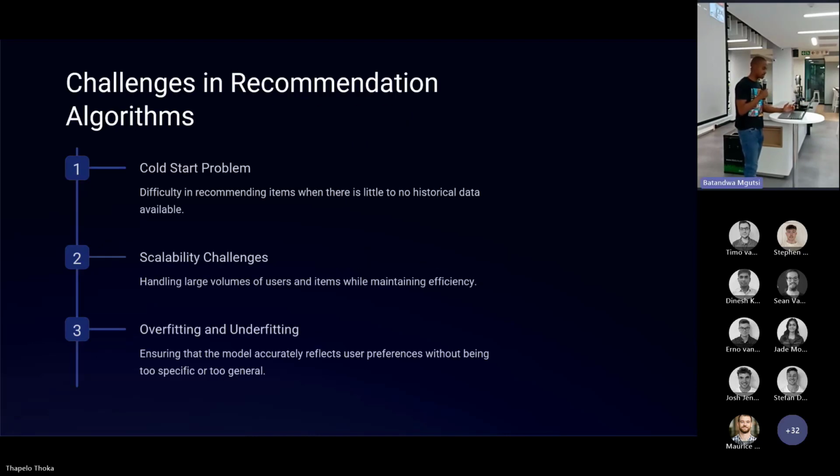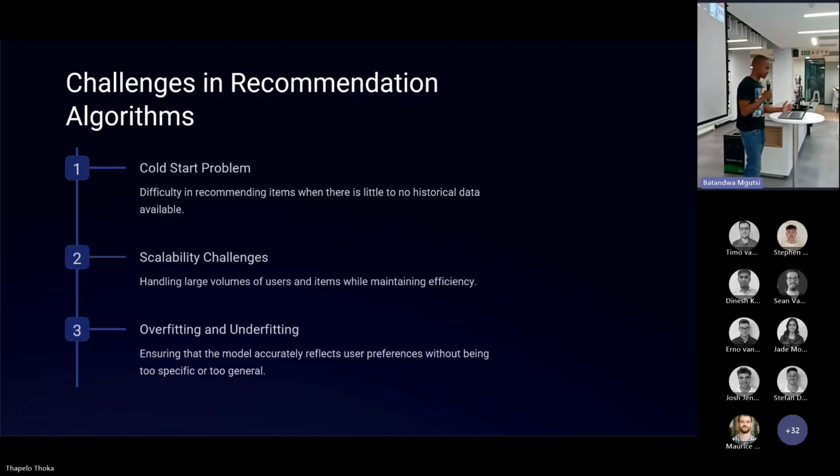These are some of the challenges associated with recommendation algorithms. The cold start problem. This happens due to not having historical data available about users. One approach to fixing this is setting default values for every user. So that is one solution to the cold start problem.